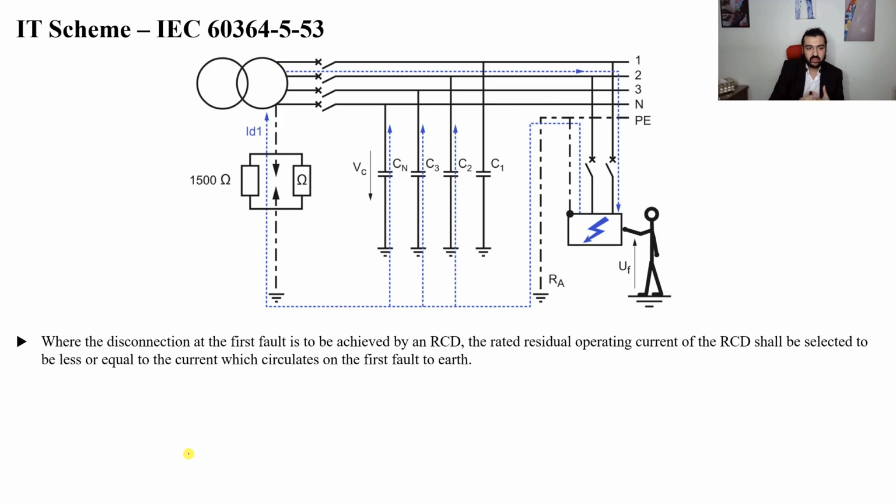Now, when the disconnection at the first fault is achieved by an RCD, the rated residual operating current of the RCD shall be selected to be less than or equal to the current which circulates on the first fault to earth. So what I mean by this, you have seen that instead of 153.3 milliamperes during fault, it is actually more than 300 milliamperes.